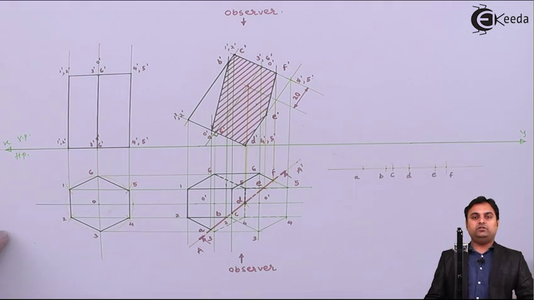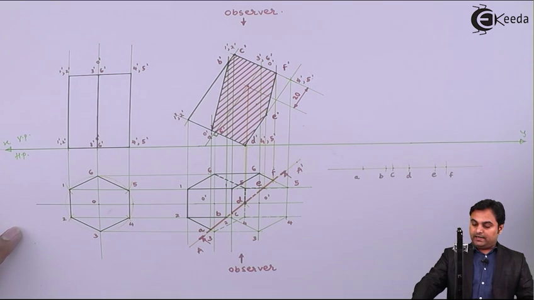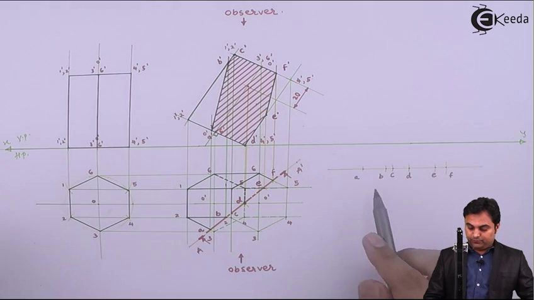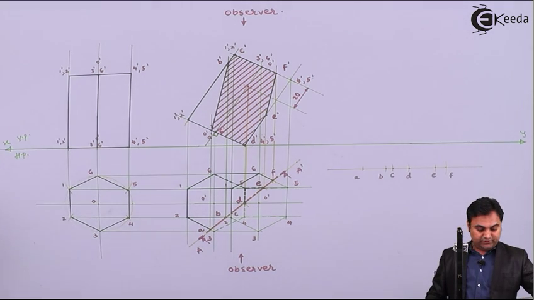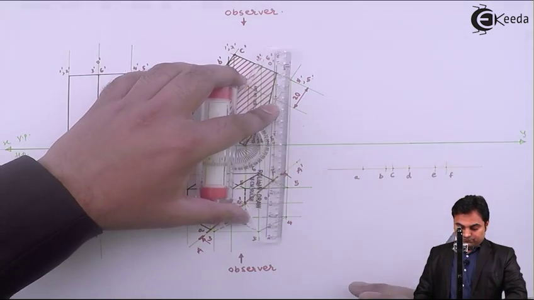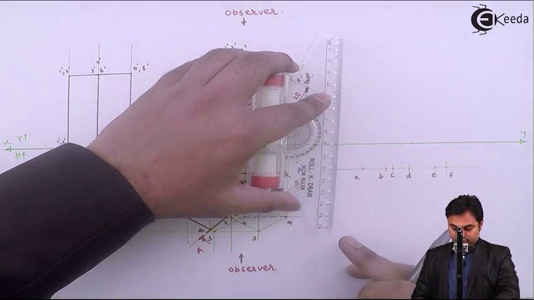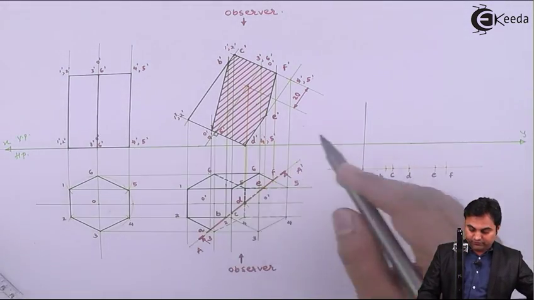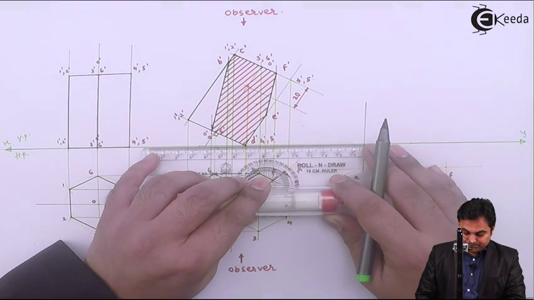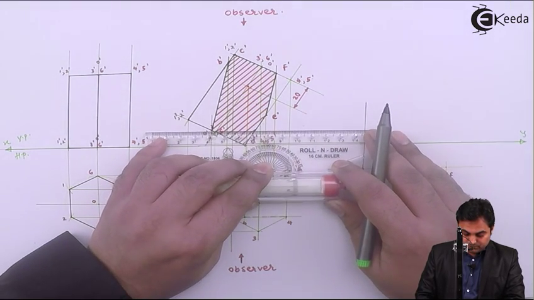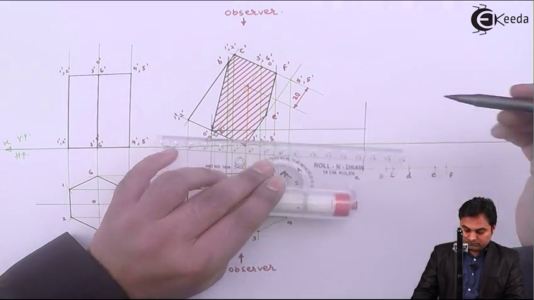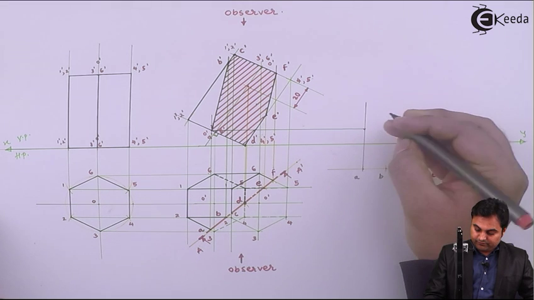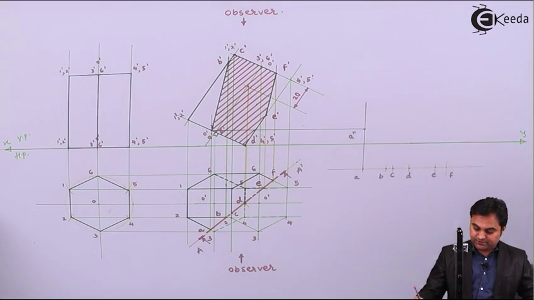Now after getting all these 6 points on the cutting plane, I'll be projecting them one by one. So starting with point A, it will be projected in the front view. So here is point A, and in the front view it is A dash. So where A and A dash they intersect, that will give me the point, I'll say A double dash.